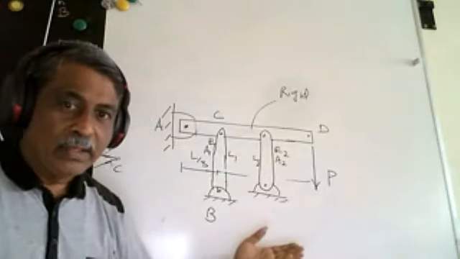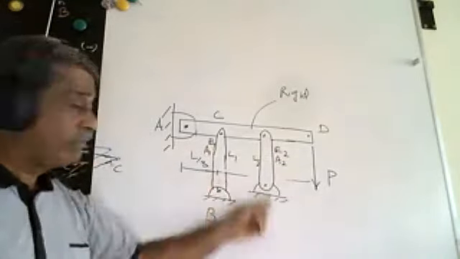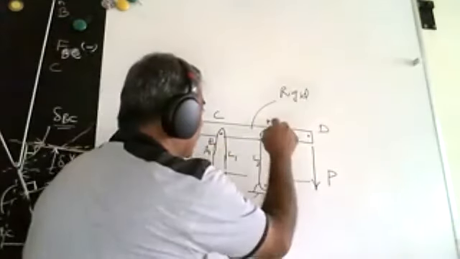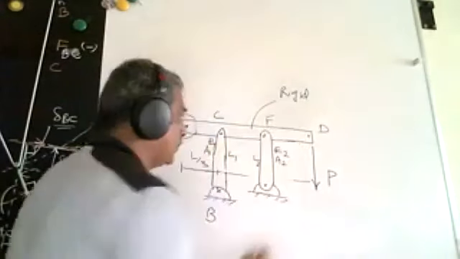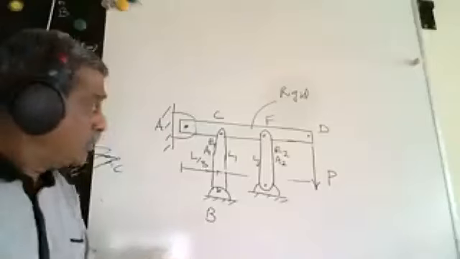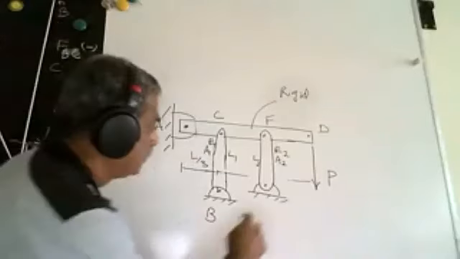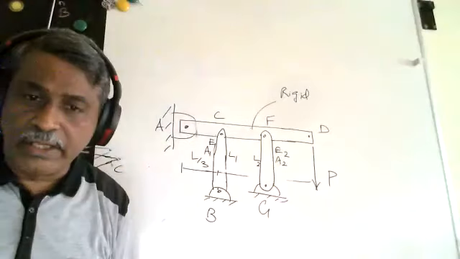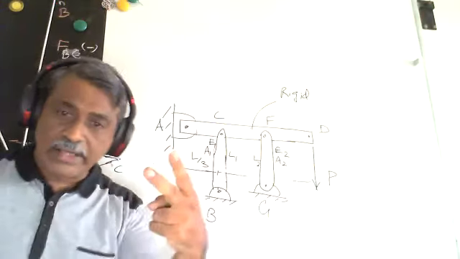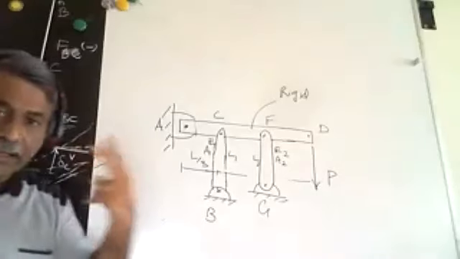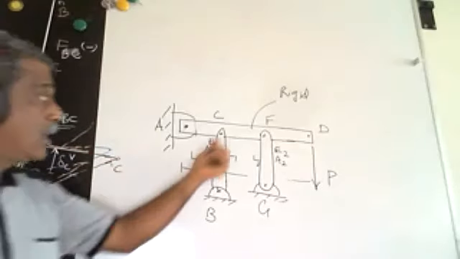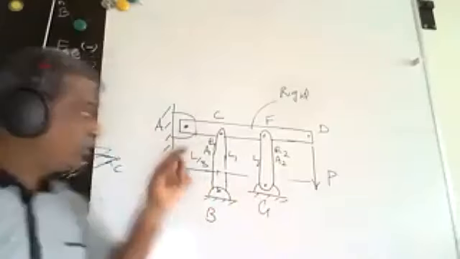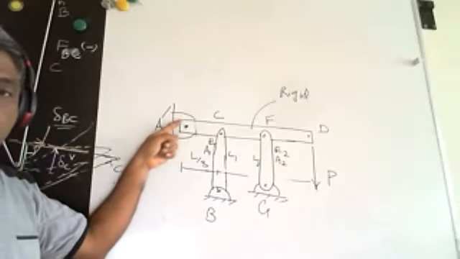Remember, when I remove this and this, let's say this is E, shall I put it as F? When I remove BC and FG, I'll get two reaction forces, correct? Let's say RC and RF, but I can generate only one equation by taking moment over here.